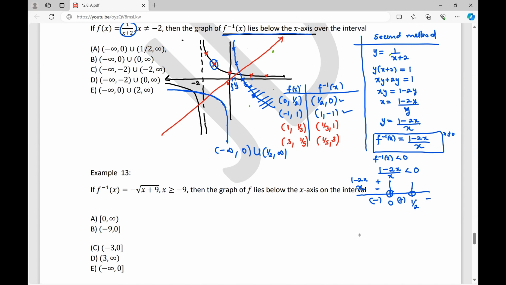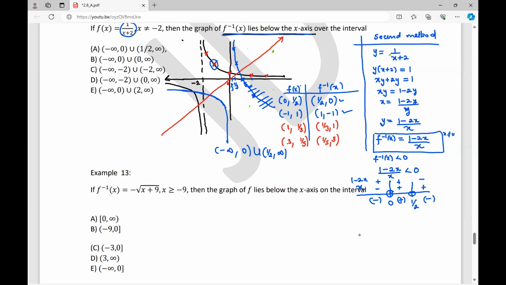And this is going to be negative. Why? Because if you take, let's say, 1 over 4, between this, so this will be positive, positive. So this is going to be positive. But here, if you take, for example, 1, this will be negative and positive, so it is negative.